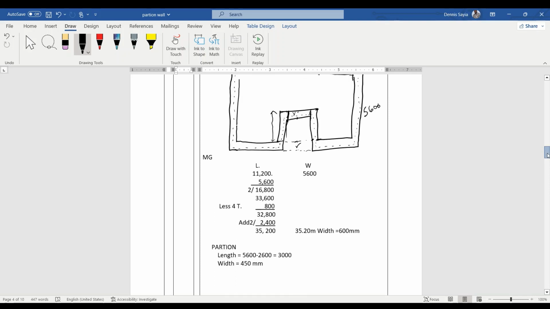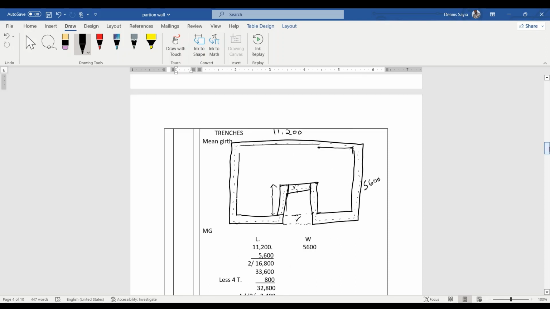For the partitioning wall, now we need to find the length of that partitioning wall. So from down there up to here is 2400 plus 200 the thickness. So this one is 2600. But we know from here up to here is 5600.